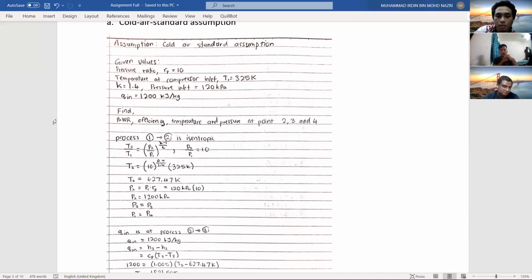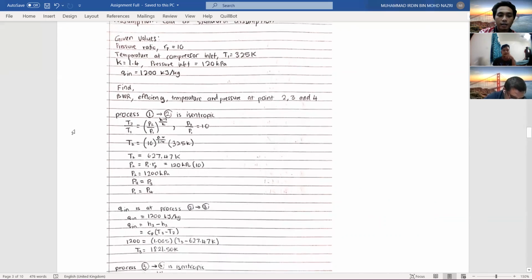The pressure ratio, we decided to be equal to 10. The temperature at the compressor inlet is 325 Kelvin, k equals 1.4 for the cold air standard assumption, and the inlet pressure is 120 kilopascal. The heat intake, Q in, is equal to 1200 kilojoule per kilogram. So we would like to find the back work ratio, efficiency, and the temperature and pressure at points 2, 3, and 4.